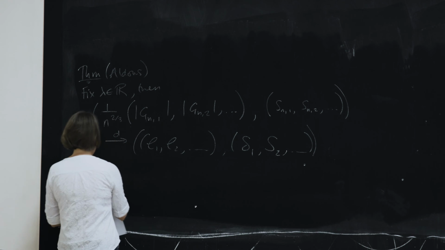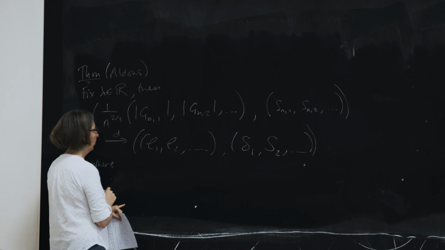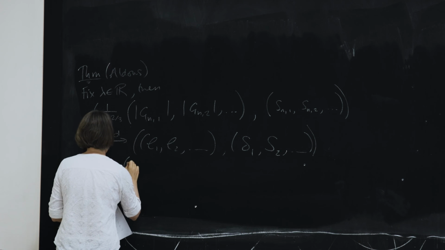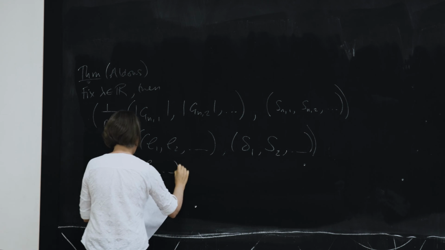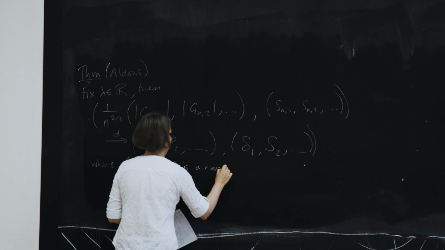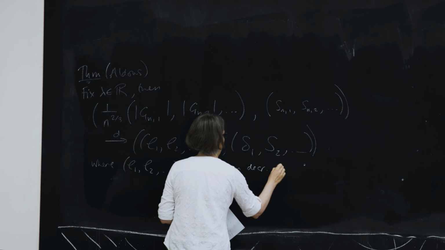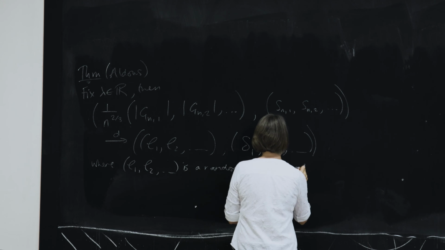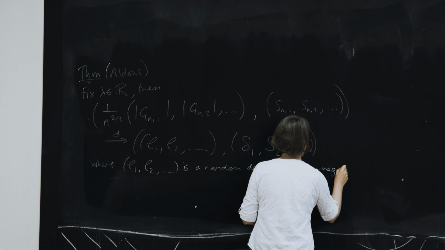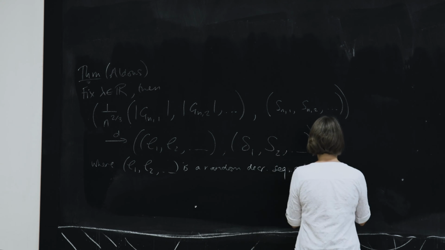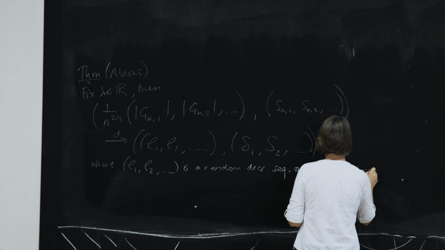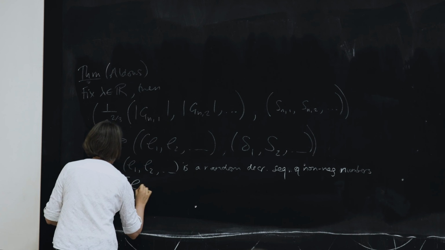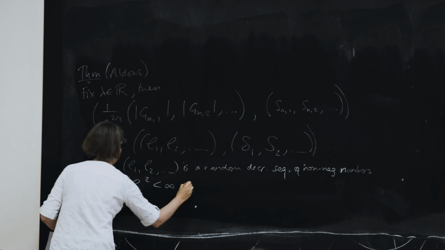I listed these in decreasing order, so these had better be in decreasing order. So this is some random sequence which is decreasing, of non-negative real numbers, such that the sum of their squares is finite almost surely.